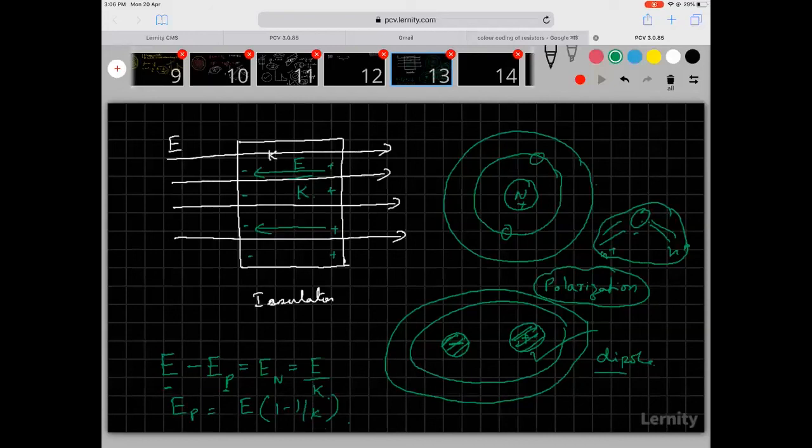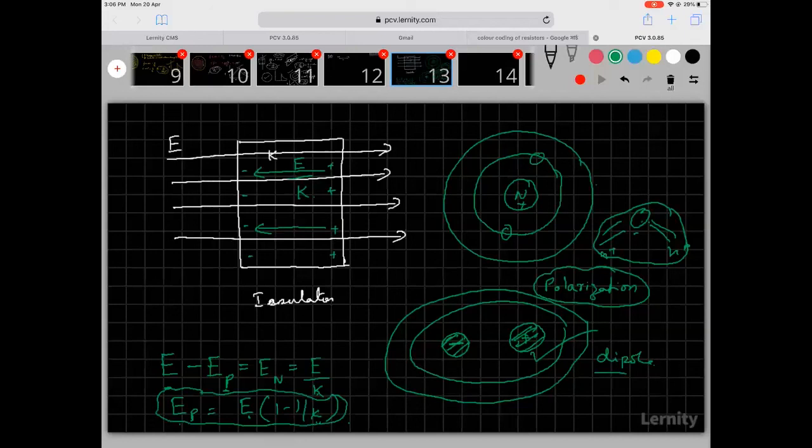Now suppose it was a conductor, K is infinity. If K is infinity, this becomes 0. That means the field due to polarization is E, so the net field is equal to 0. But for any other insulator, if you keep an insulator in an external field, polarization takes place.